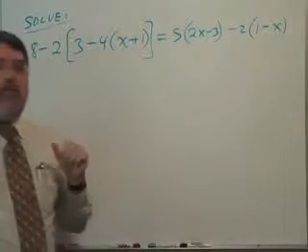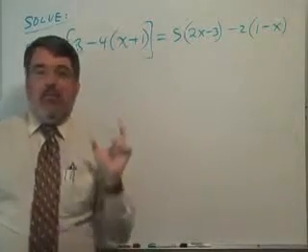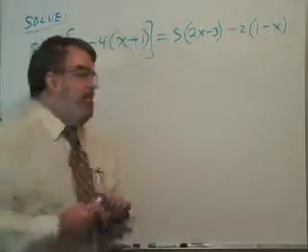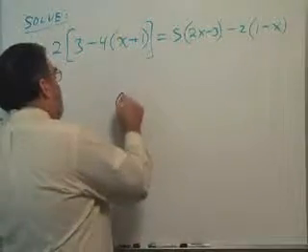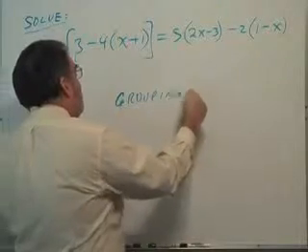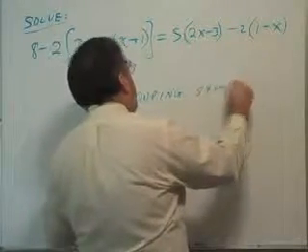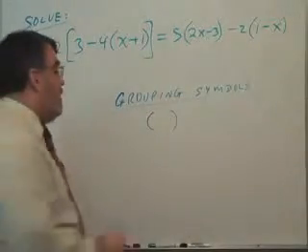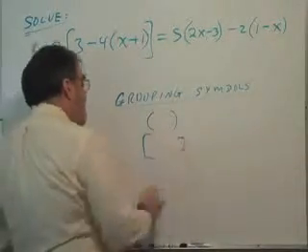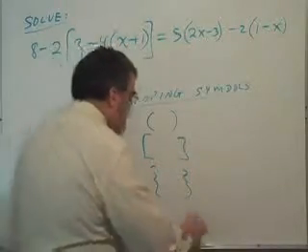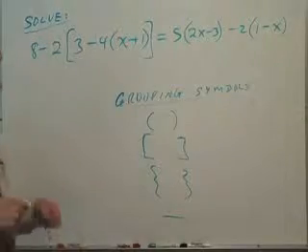Okay, the parentheses, I know you've seen before, brackets work the same as parentheses. In fact, it's part of what we call a grouping symbol. So there are four grouping symbols I can think of off the top of my head. They are the parentheses, the bracket, the braces, and then the division line.